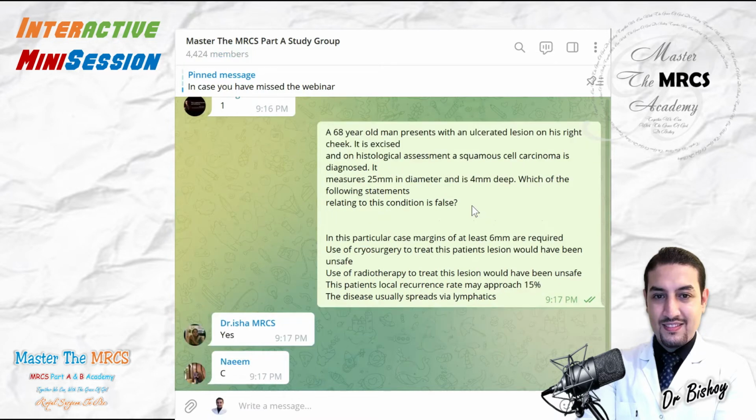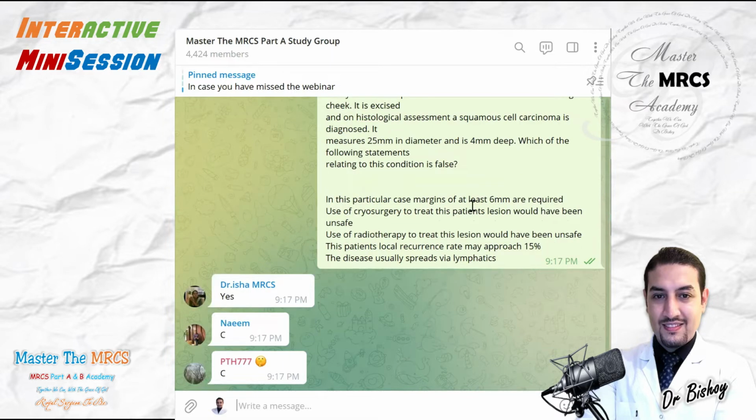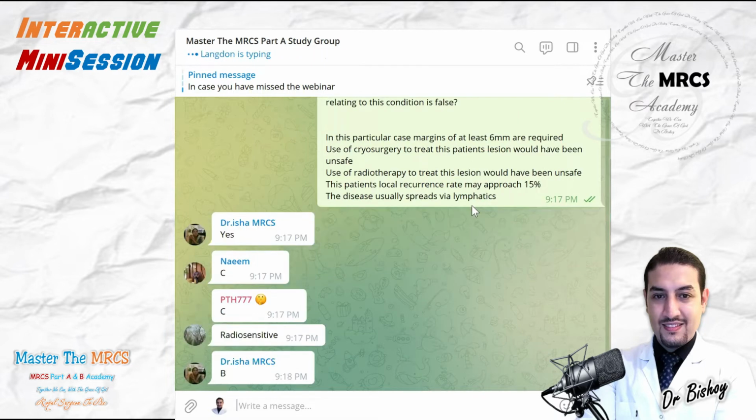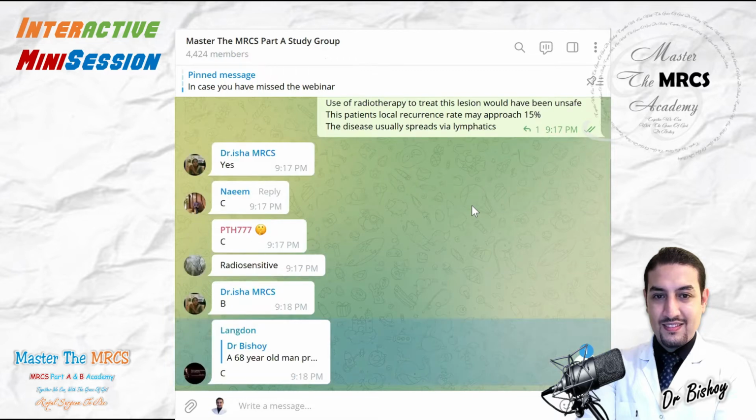Excisional biopsy. Again, he is telling you that radiotherapy will not be safe for squamous cell carcinoma. In fact, it might be needed.